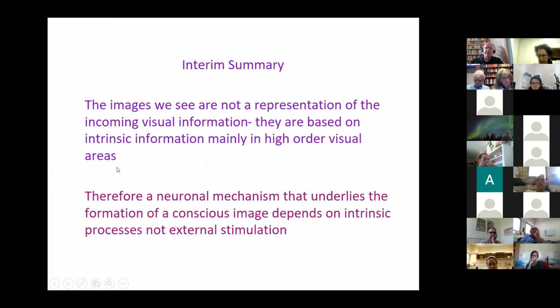Therefore, if we search for a neuronal mechanism that underlies the formation of a conscious visual image in our mind, we cannot rely on information coming from outside, from the external world impinging on the retina. We must search for this information in the intrinsic circuitry that exists in high-ordered visual cortex.